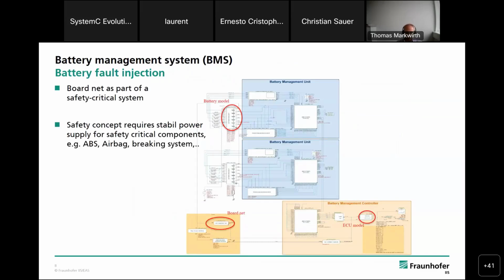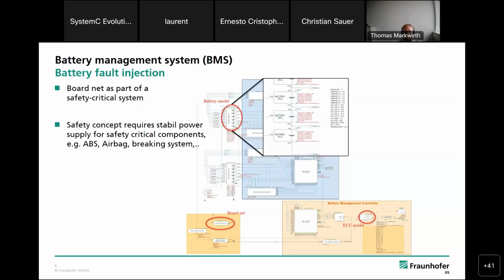So, coming back to the battery management system. We extended our boardnet, our battery management system, by this example boardnet that I demonstrated some slides before. So we see here we have a battery model, and now the safety concept requires a stable power supply for safety-critical components, for systems and so on.